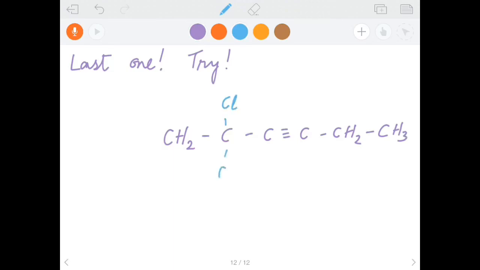I'm going to attach a chloro there, another chloro to the same carbon atom, and to my leftmost carbon atom I will attach a methyl group, which is CH3. Now let us try and name this, but before that I want you to try apply all the concepts we just done. But remember something, we have a triple bond there indicating that the alkyne group is going to be the functional group.